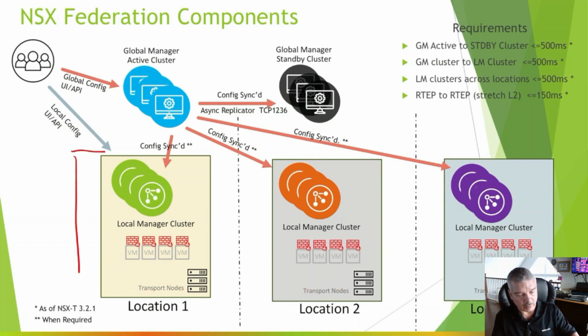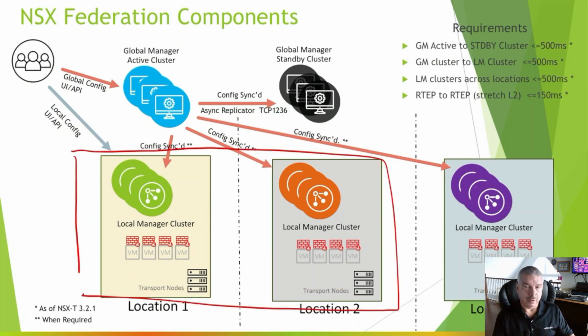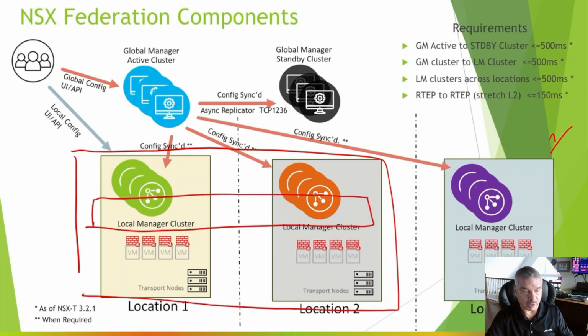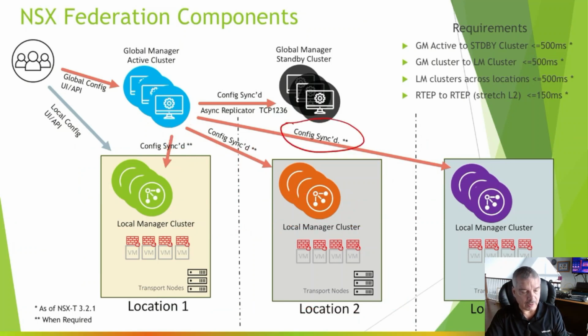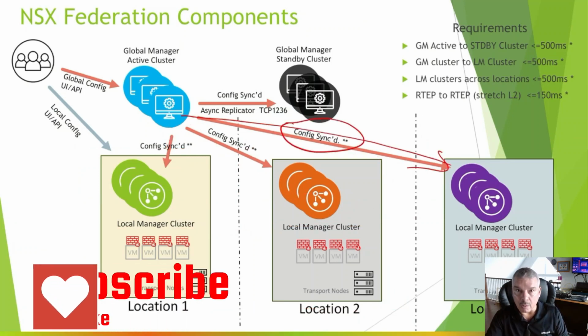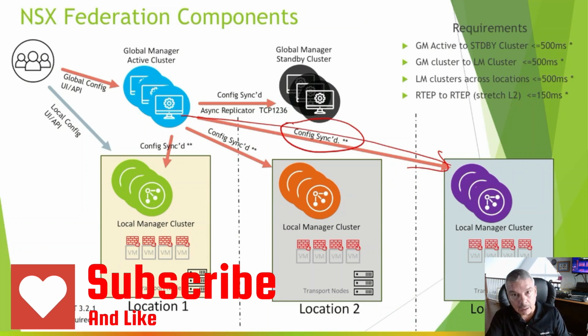A regional could be like location 1 and 2. So I'm going to create an object that only spans location 1 and 2 because that's a certain region, right? Maybe that's United States and over here is Canada or something like that. When I create that regional object, the global manager will push it down just to the region. It will not push it over to location 3 because it doesn't need it. So that's why I put this little asterisk here. It does push down the configuration, but only if that location needs it.